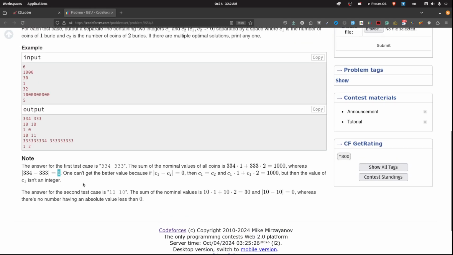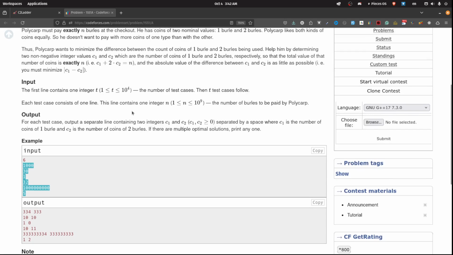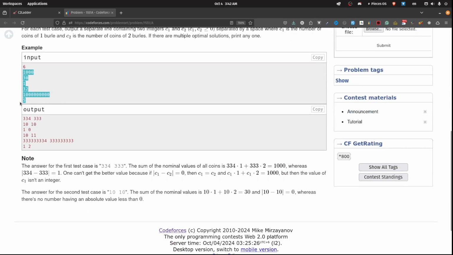So basically what can I do now? This is the value of n, and this is the value 30, so all of those values are n. Here n is up to 10 to the power 9, so I can take int as my data type.